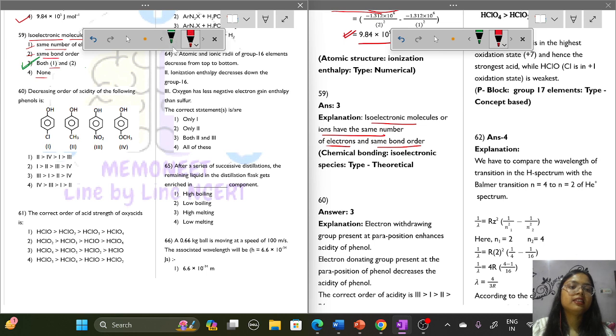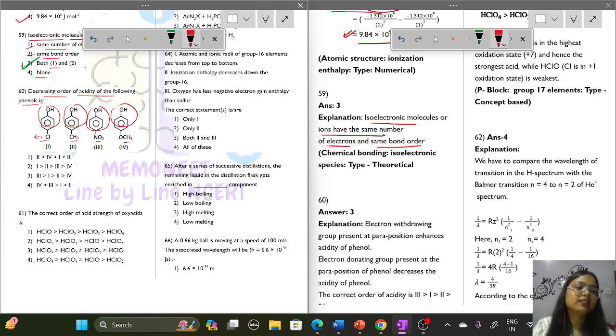Question number 60 says the decreasing order of acidity of the following phenols. Decreasing order of acidity is asked, which means the one which is the most acidic will be at first. All of this upper part is the same in all the cases. We have to differentiate between these.